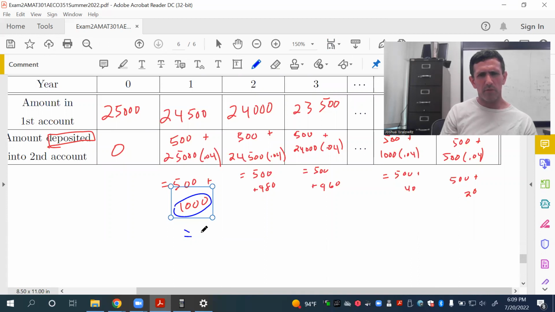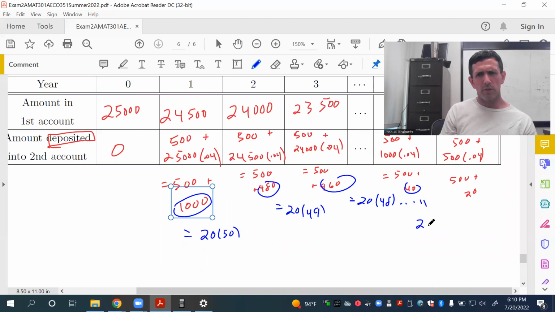Yeah, so just like before, this is 20 times 50, 20 times 49. Et cetera, et cetera. This is 20 times 2, 20 times 1. So it's a decreasing annuity.